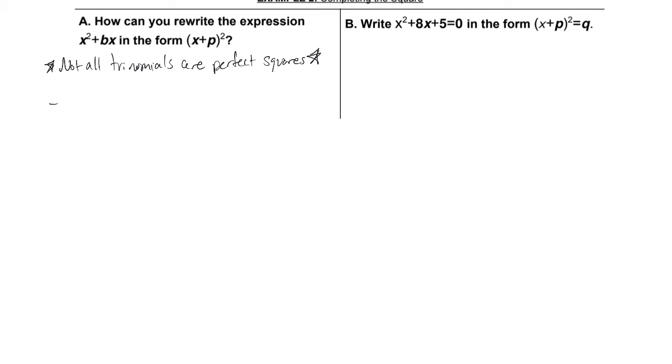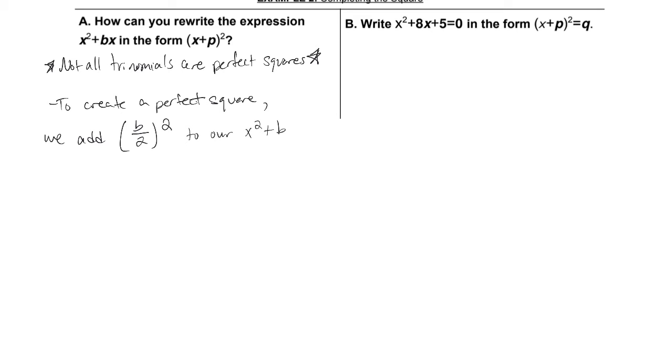To create a perfect square, what we're going to do is add the formula b over 2 squared to our x squared plus bx.